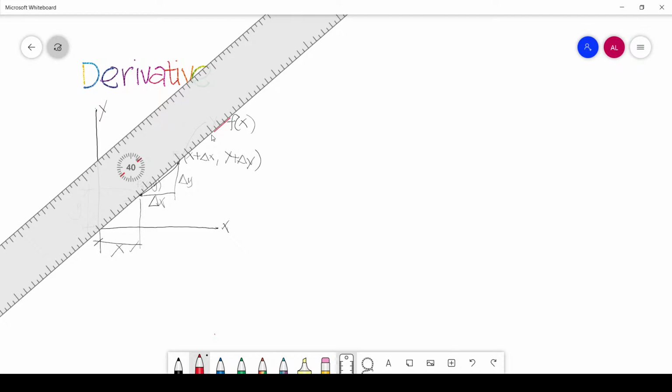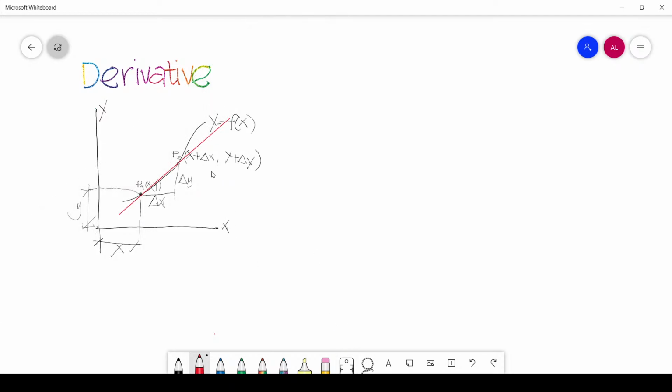Okay. It will form a straight line. So this line, as you can see, is a secant line. Then the slope, delta y over delta x, is the slope of the secant line. Right? Slope is defined by its rise over run.